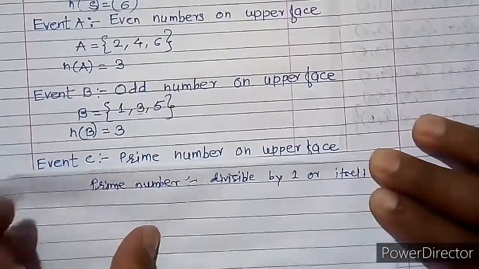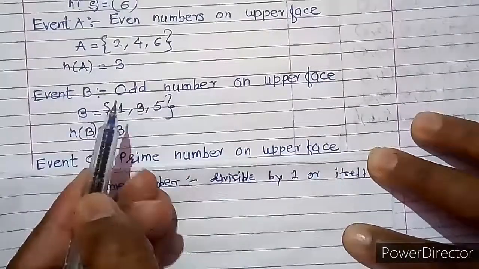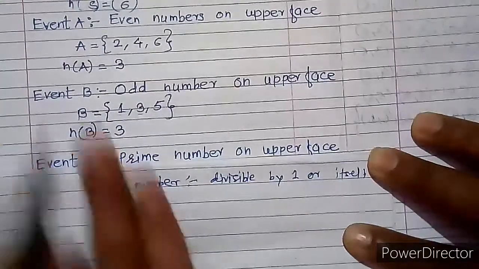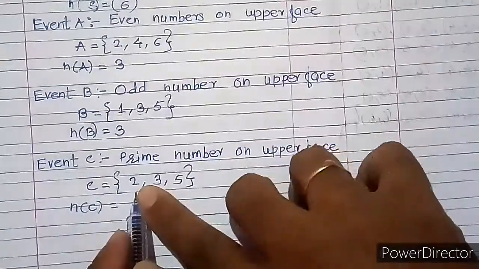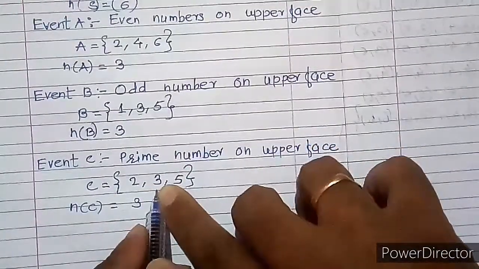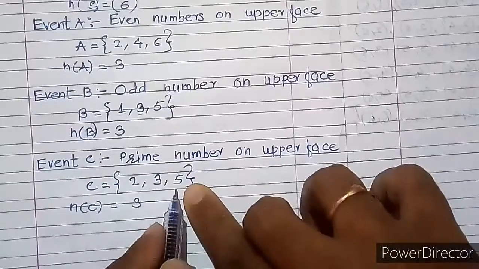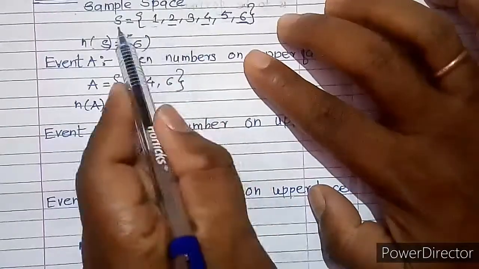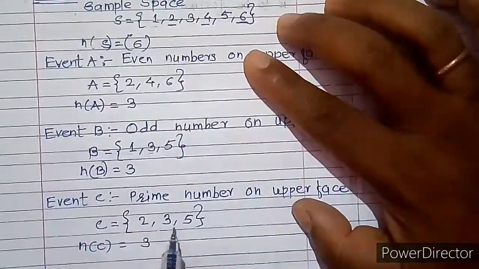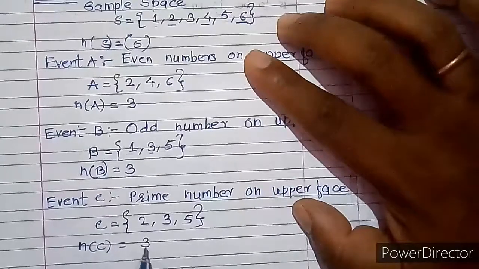We have to take such numbers from the sample space. Here 2 is divisible by 1 and itself, 3 is divisible by 1 and itself, and 5 is also divisible by 1 and itself. So we have taken 2, 3 and 5. Now the elements in C are 1, 2, 3. That's why n of C equals 3.